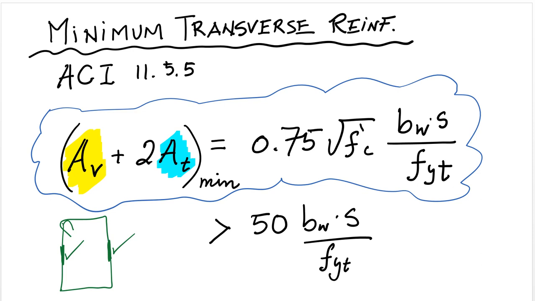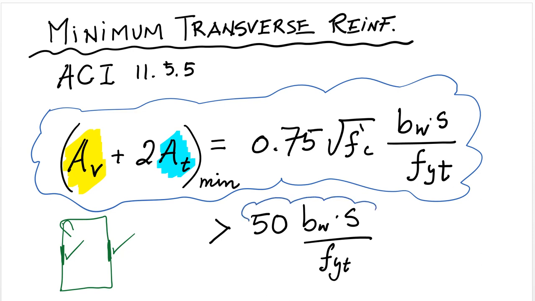In any case, that value has to be, as a minimum, 0.75 square root of f prime c b times s divided by fyt. But it cannot be, under any circumstance, less than 50 times the base of the cross section times the spacing divided by fy.